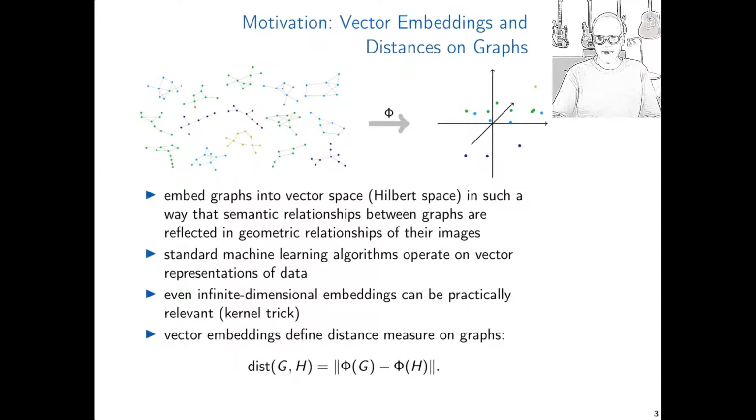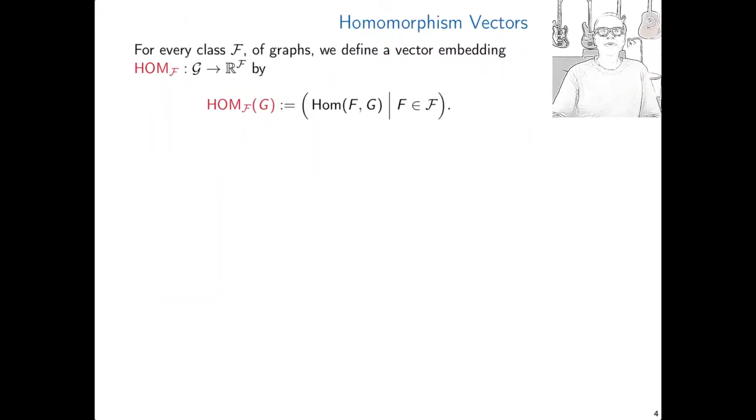And now let's return to homomorphism counts. Homomorphism counts give us very natural and generic vector embeddings of graphs.